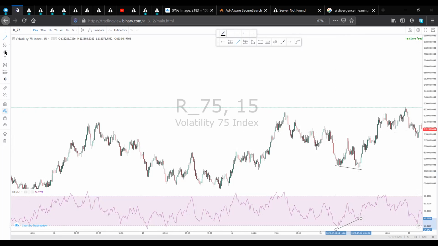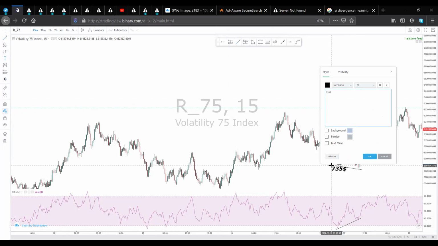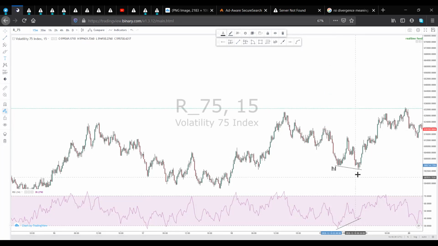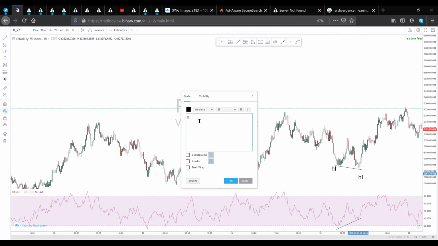So mind, the price of the market is making a higher low, and also it's making a lower low.